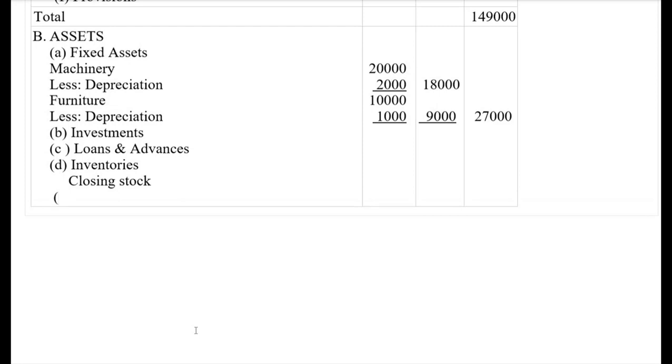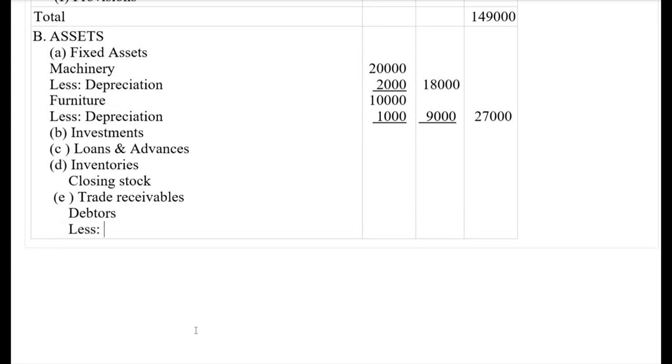Then E, we have got trade receivables. Under this we have got debtors less RDD. So now let us fill up the values here. So investments, nothing is there, just put dash here. Then similarly advances, nothing is there, let's put dash.